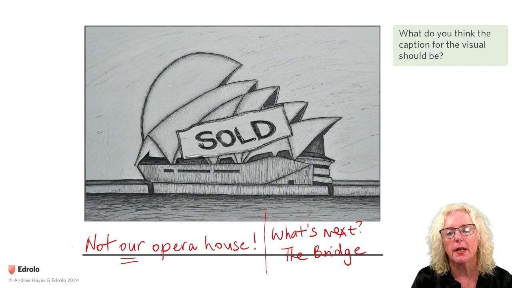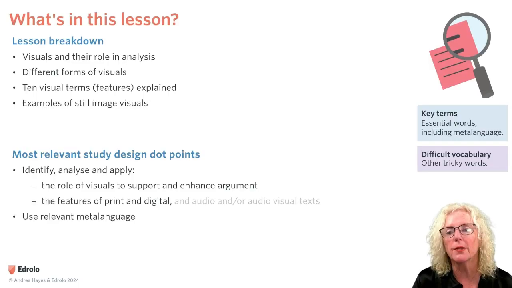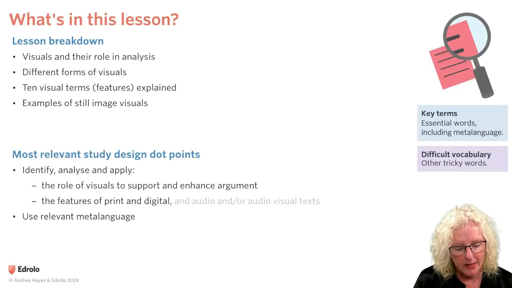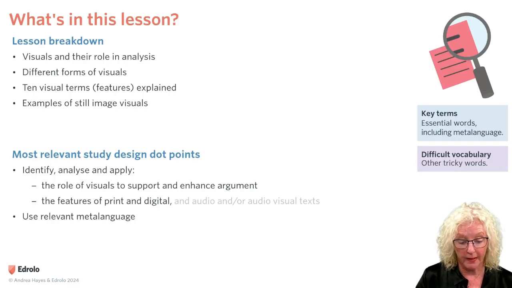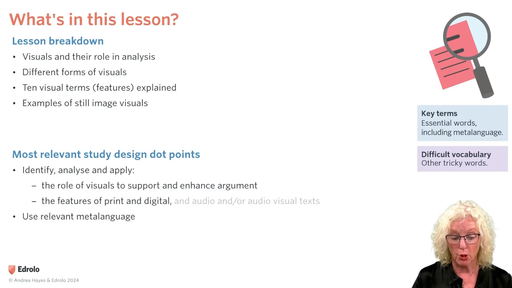This is the lesson on visuals, and we are in section 2, knowledge and skills for analysing persuasive texts. What's in this lesson? The lesson breakdown: visuals and their role in analysis, different forms of visuals, and there are many, 10 visual terms or features explained, and examples of still image visuals.